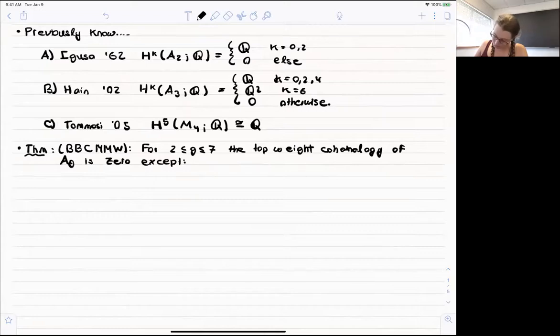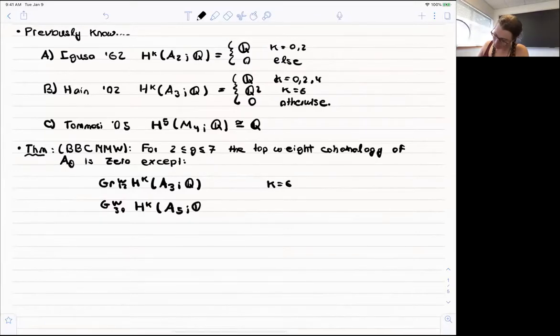For A3, the top weight cohomology is non-trivial when k is 6. When g is 5, the top weight cohomology of A5 is non-trivial when k is 15 or 20.